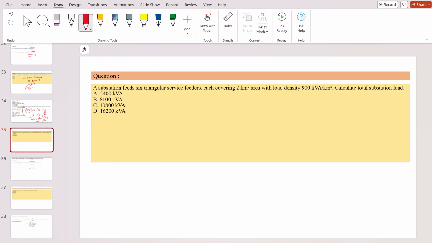Okay, option C. We already know the load density is given, that is delta, and the area is already given, that is 2 kilometers square, and it will be n multiplied by area multiplied by density.